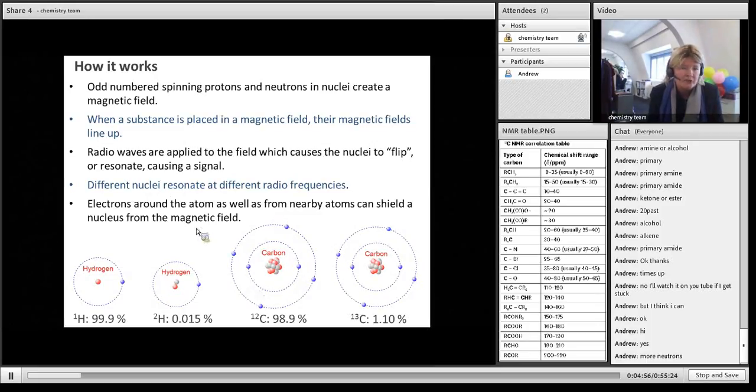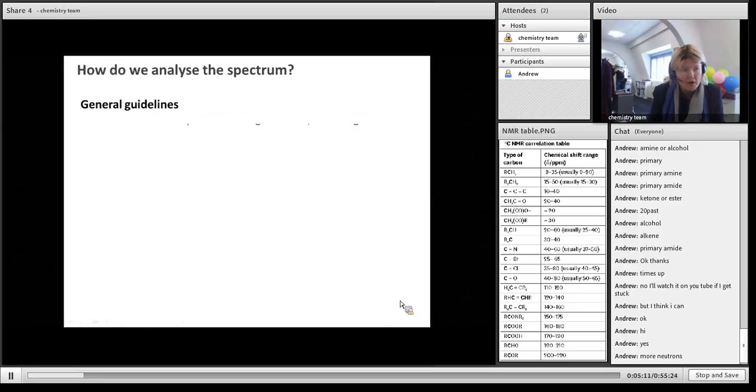This different nuclei point is not important because you're only going to be dealing with carbon-13, so you can forget about the hydrogen. But the shielding of electrons around it is going to be important.